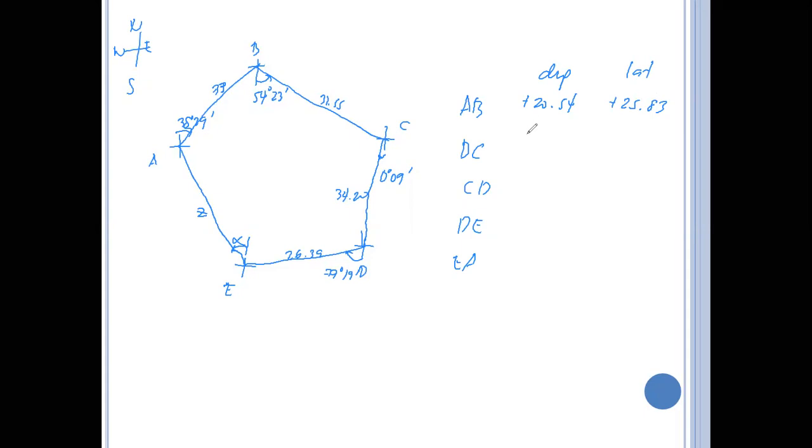So the next line is BC. This gives us 25.65, positive still, because from B to C this is going to the right. So this is the departure value. Then for the latitude, this time from B to C, it is going down, so negative 37.